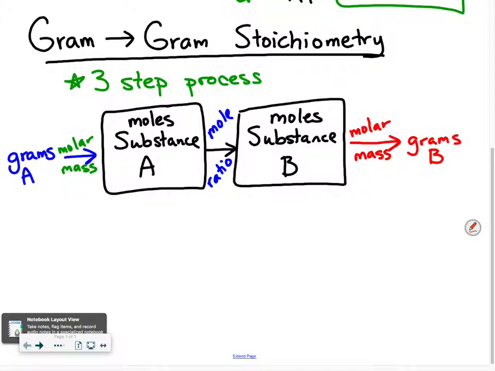All right, so this is the usual three-step conversion, but if you remember from the mole map, we can start with liters or particles.